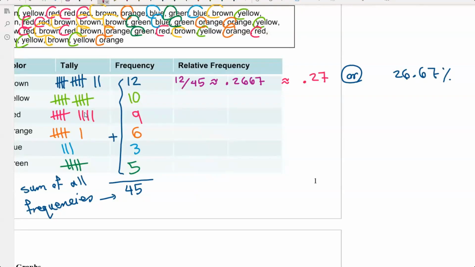Now next one is 10 divided by 45. We have 0.2222. Again, I'm going to round this one to 2 decimal places. We have 0.22.